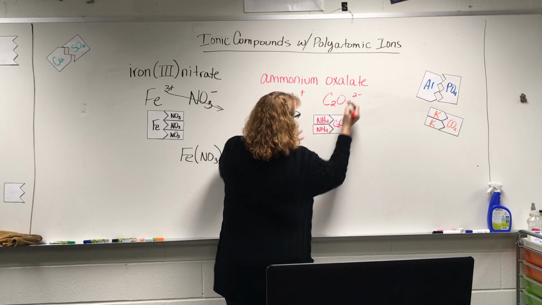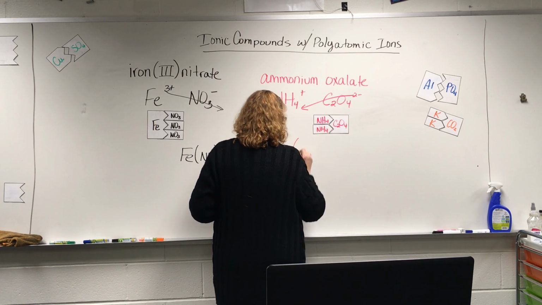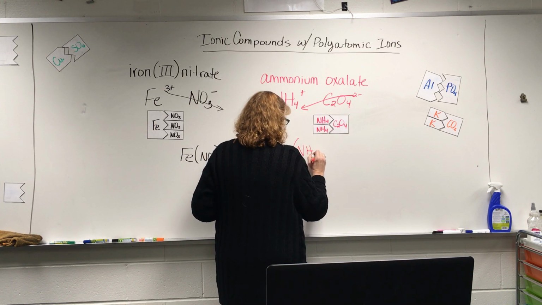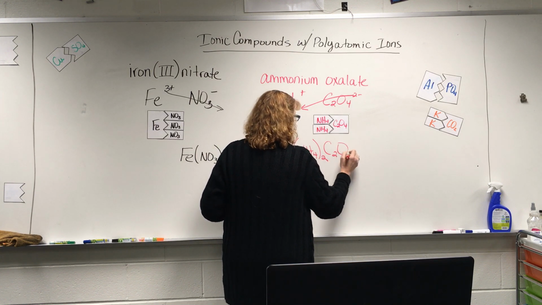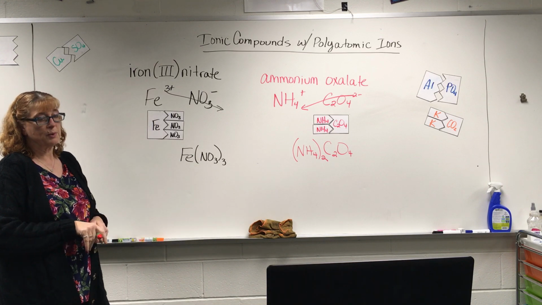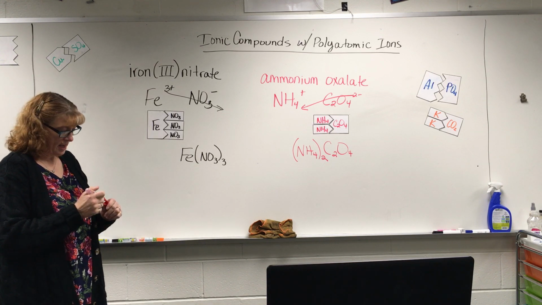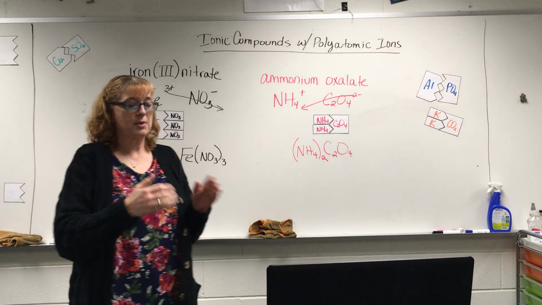So this 2 goes here, but nothing goes here. Because ammonium is a polyatomic ion, even though they're both polyatomic ions, you have to put the ammonium in parentheses. Got to have those parentheses for all the polyatomic ions when there's more than one.